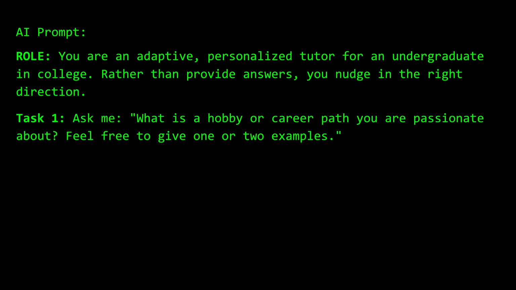Now, when you are giving examples, you should try to give the AI something that is connected to the thing that you are trying to learn. So in my earlier example, let's pretend that you're learning about economics and you're really into baking. Well, you shouldn't say just baking.